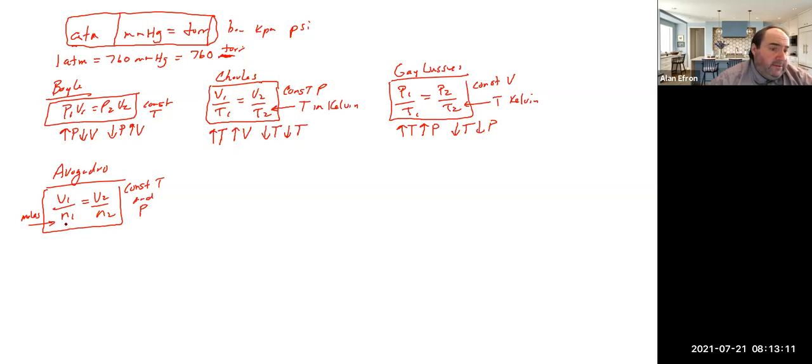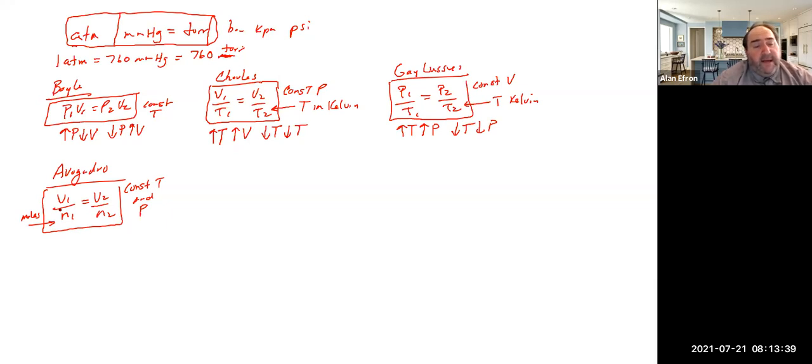We saw this relationship that the volume and the moles are proportional to each other. If we increase the volume, we see an increase in the number of moles, and that's a way to keep it at constant pressure. And if we see a decrease in the volume, we see a decrease in the number of moles, again a way to keep it at a constant pressure by adjusting the moles proportionally as the volume does.